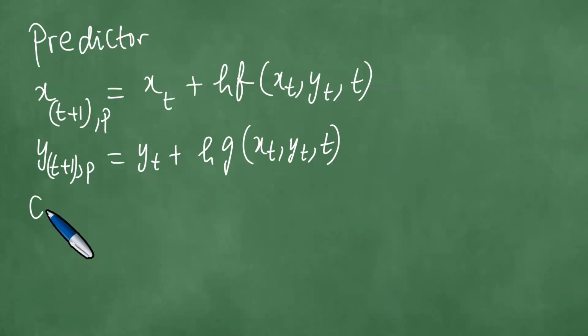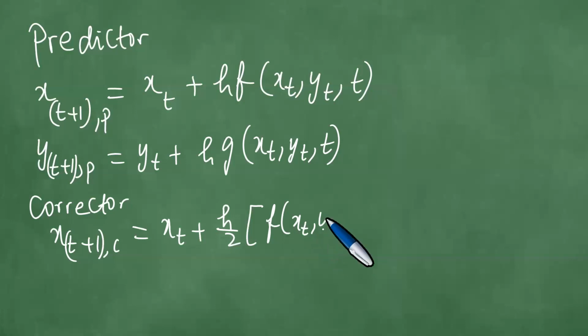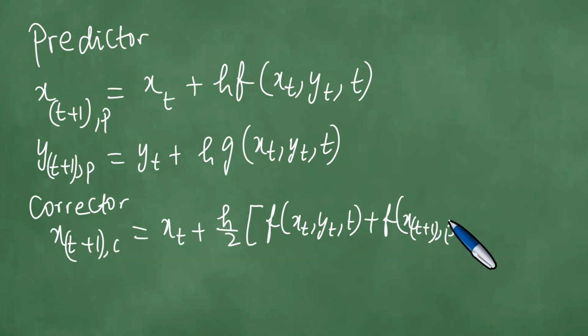We proceed and realize that we're going to have the corrector as well. The corrector is x sub t plus 1, c, and it is x_t plus h over 2 times f of x_t, y_t, t together with f of x sub t plus 1 p, y sub t plus 1 p, t plus 1.